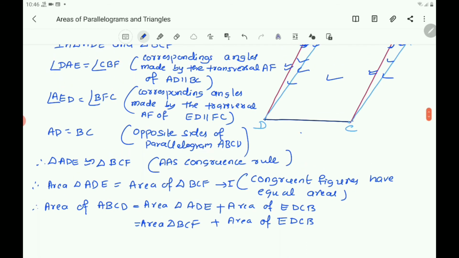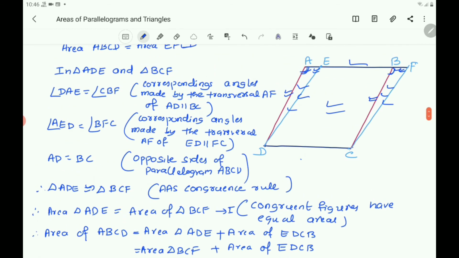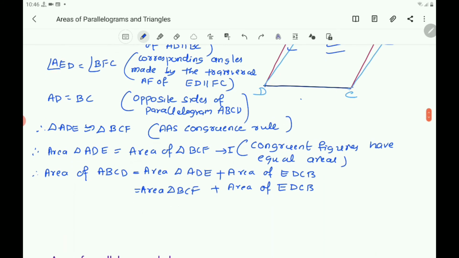And by combining these two areas, the common part and the area of the triangle, you will get area of which part? EFCD you got. EFCD. So you got that. Therefore, parallelograms ABCD and EFCD are equal in areas.